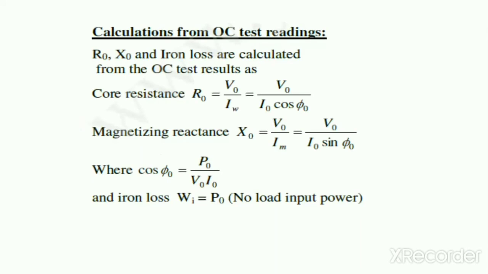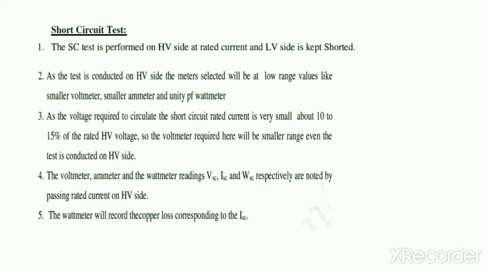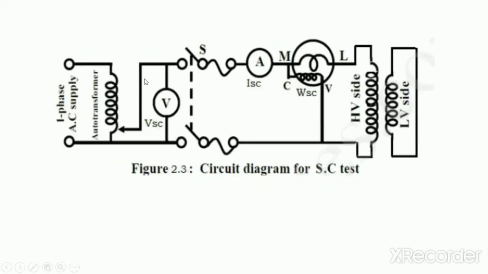Next, coming to the SC test. SC test is the short circuit test. What is the procedure for conducting the short circuit test? By using this short circuit test, we determine the copper losses and also the various equivalent parameters. All the equipment will be connected on the HV side and the low voltage side is short circuited.